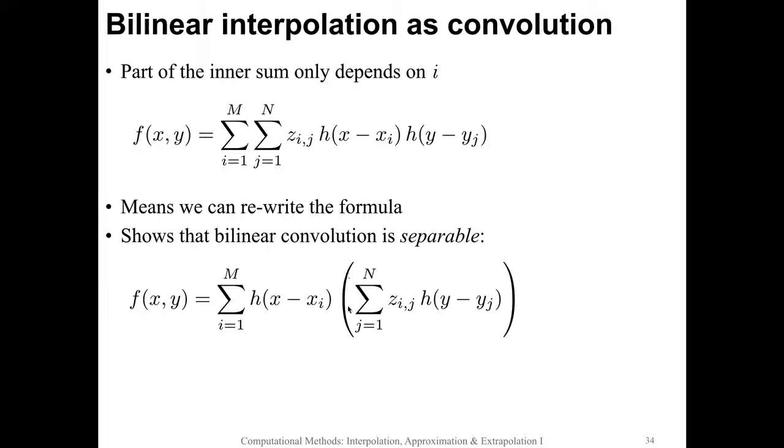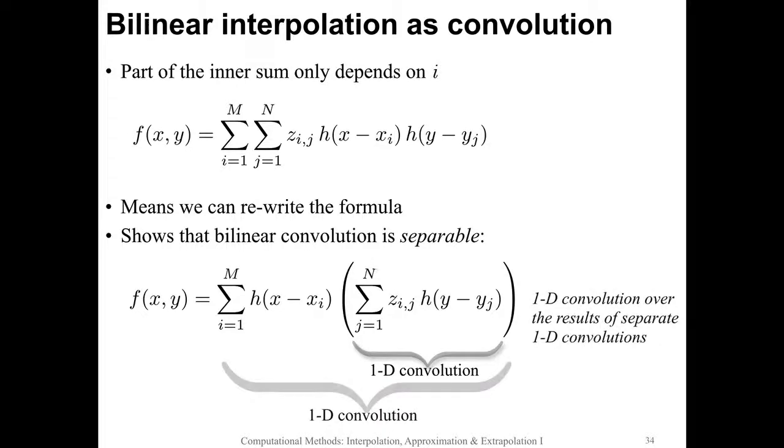We have in the round brackets a set of terms that represent the z values multiplied by a shifted kernel, and then all of that is correspondingly multiplied by a shifted kernel here. So we can see what's inside the round brackets as being a 1D convolution, but this time it's a 1D convolution in the y direction, with j ranging from 1 to n.